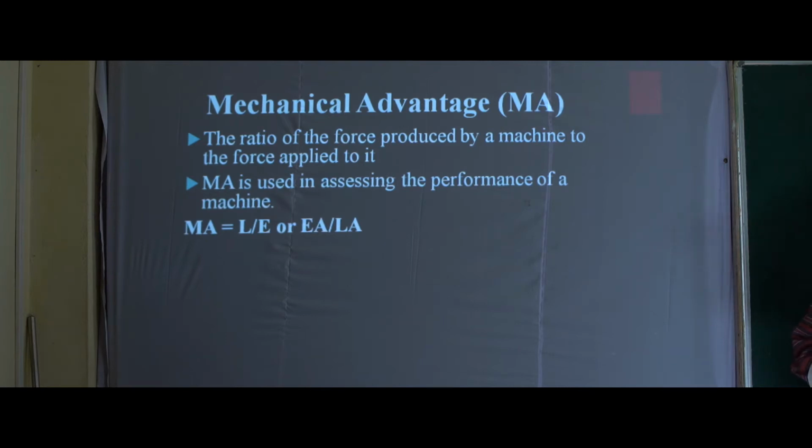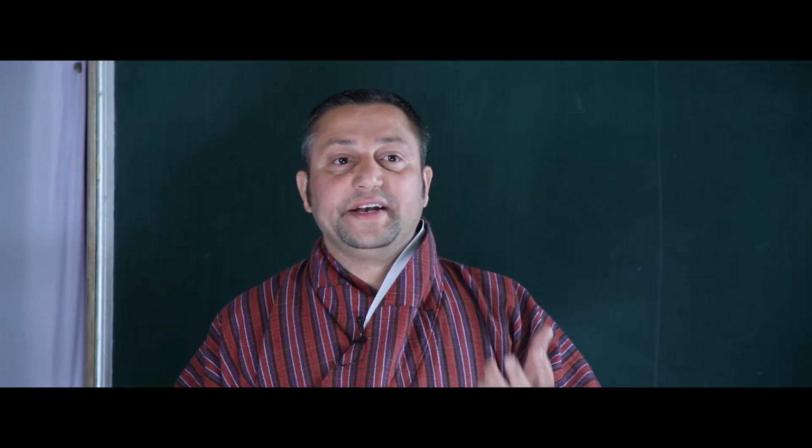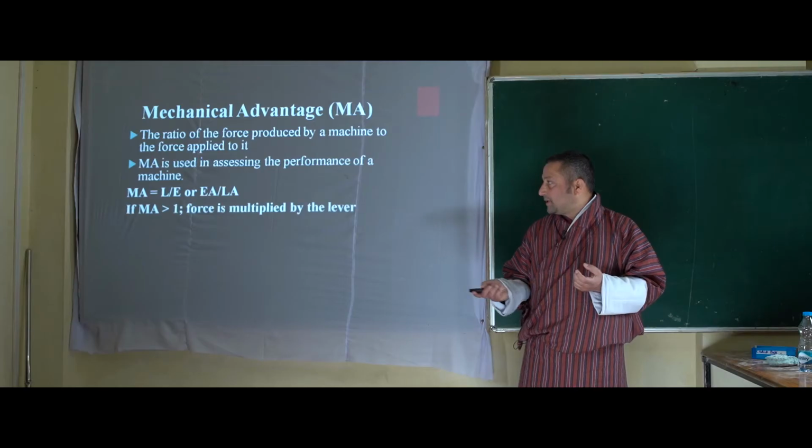Okay, the formula for mechanical advantage is mechanical advantage equals load over effort. In other words, load divided by effort, or in case of lever, effort arm divided by load arm. So, this is the formula we use to find the mechanical advantage.